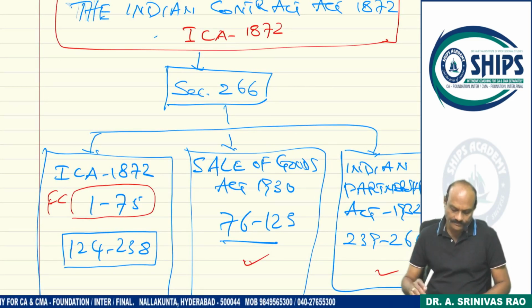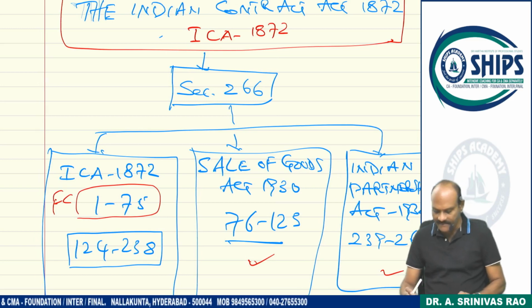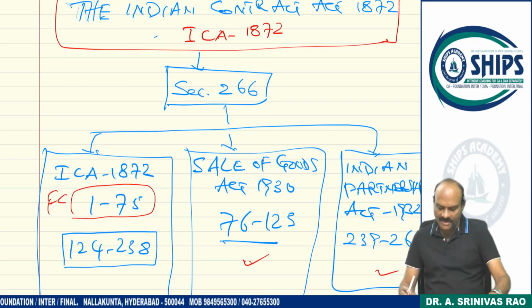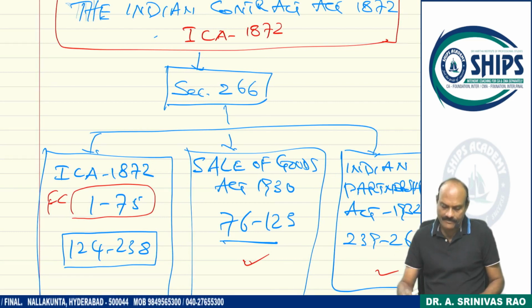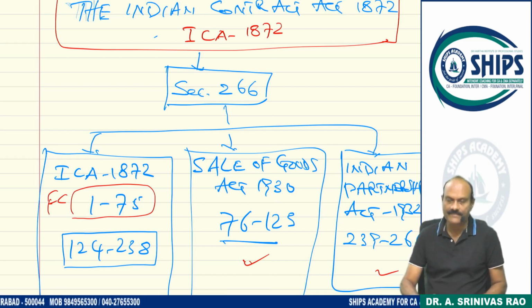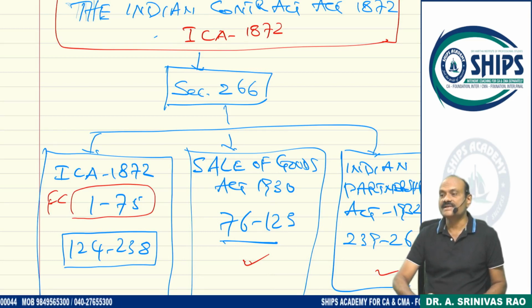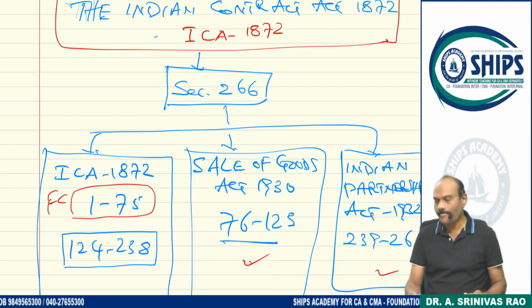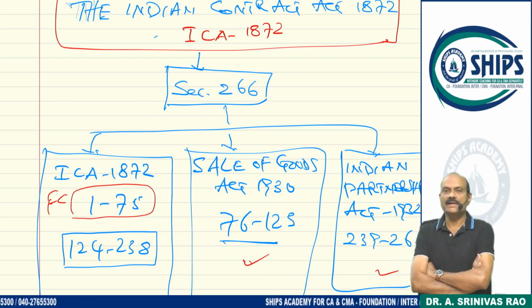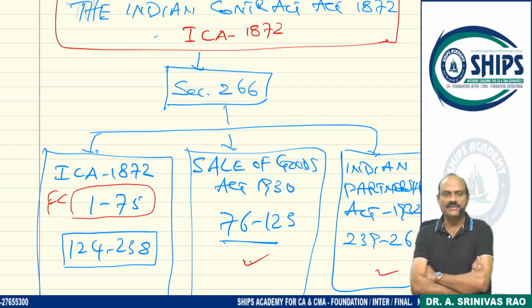First one. ICA means Indian Contract Act. The ICA consists of 266 sections.